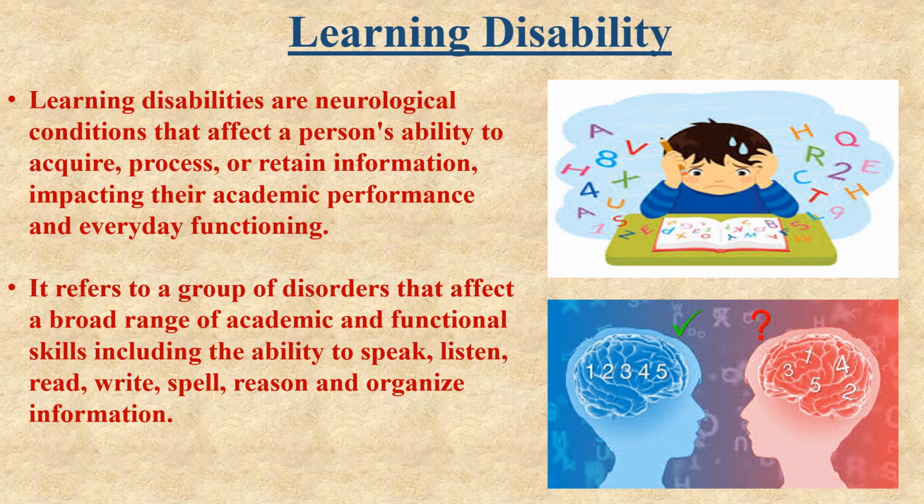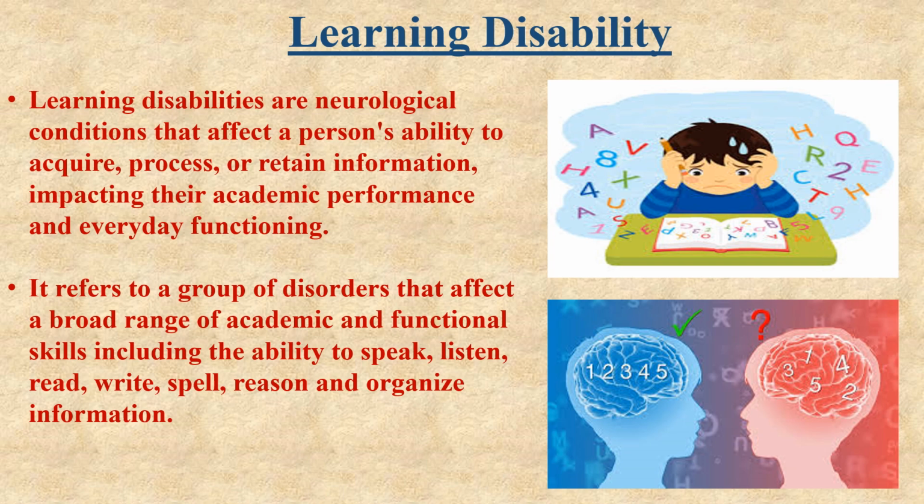We can say that learning disability, or LD, is a neurological condition. For example, if a child has some problem in the brain, he will find difficulty in performing normal tasks. It can include writing, reading, communication. His ability to acquire, process or retain information will be affected, which will lead to a decline in their academic performance and everyday functioning.